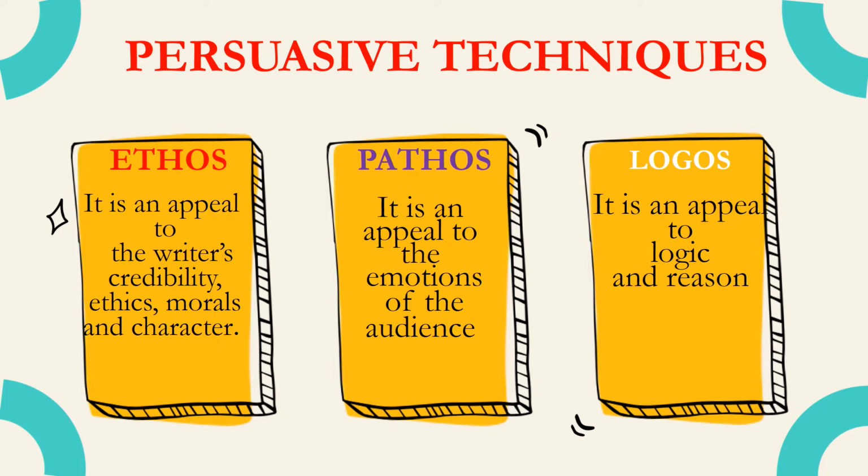Ethos is an appeal to the writer's credibility, ethics, morals, and character. While the pathos is an appeal to the emotions of the audience. And the logos is an appeal to logic and reason.